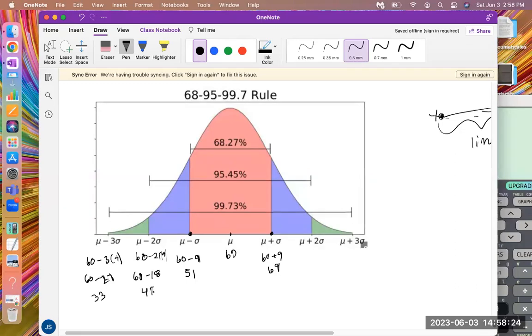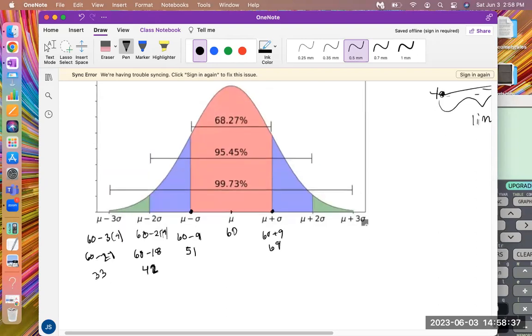Yeah, there we go, 42. And now if I take away another 9, I would get 33. All right. So we took away 3 standard deviations to get to 33.